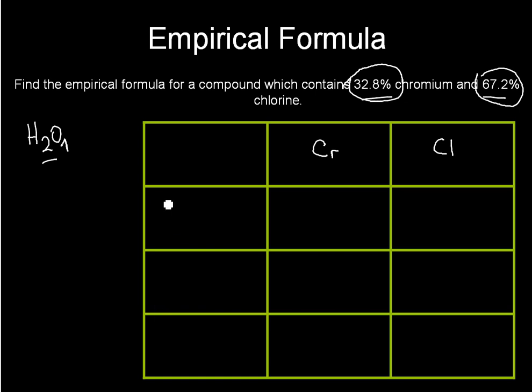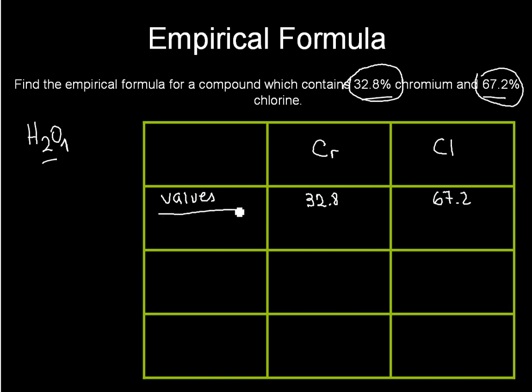And we are going to write the values of the percentages at the top of this cell. So in this case, it's going to be 32.8. And I don't use the percent symbol, okay, because it can be masses as well. And 67.2.